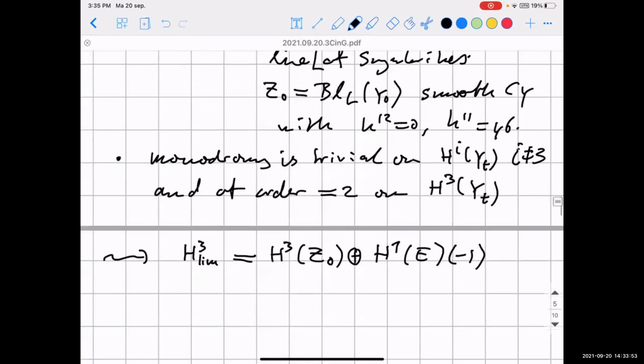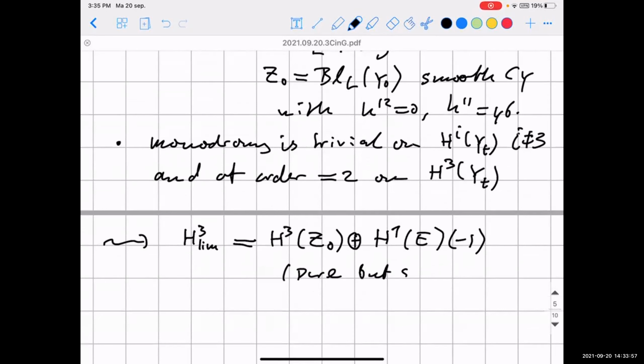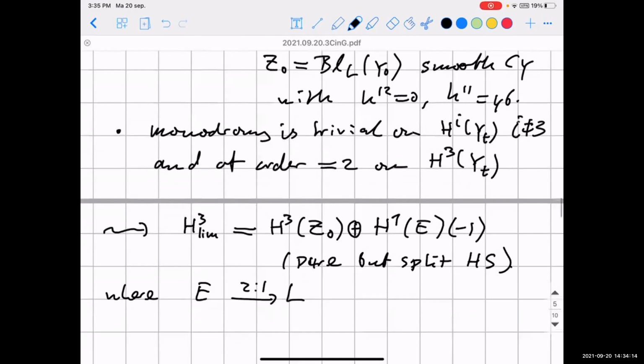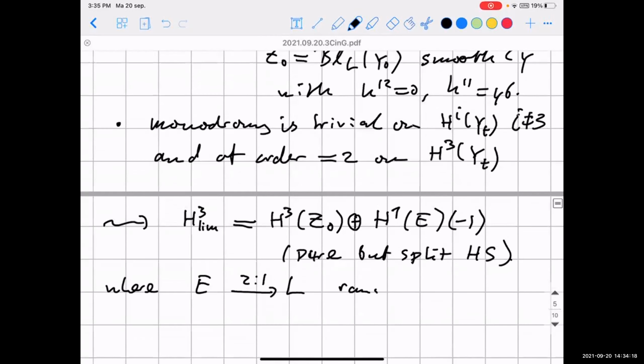So it's a pure but split structure, and where E is a 2-to-1 cover of L ramified at 4 points on the line L. So it's just a double cover of, well, maybe use the ordinary picture.